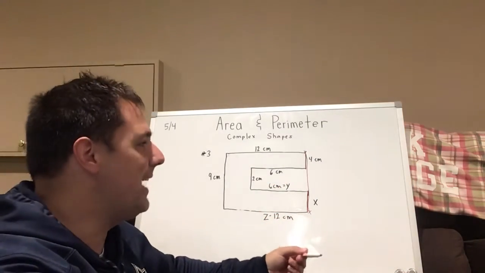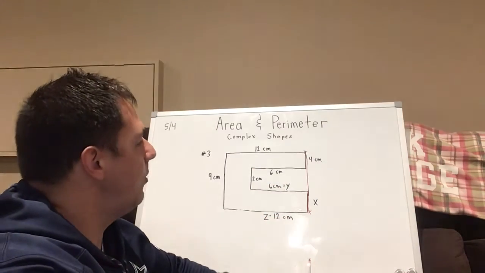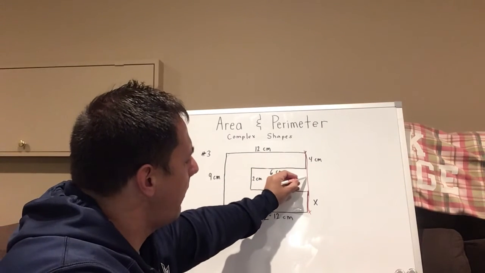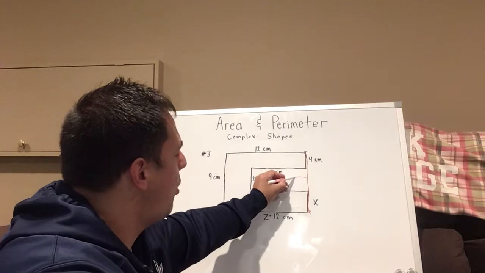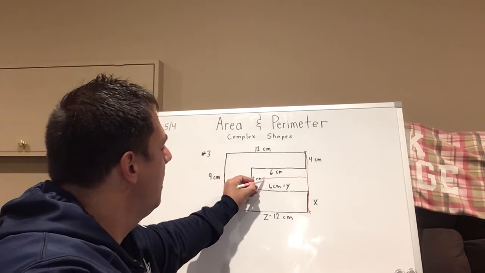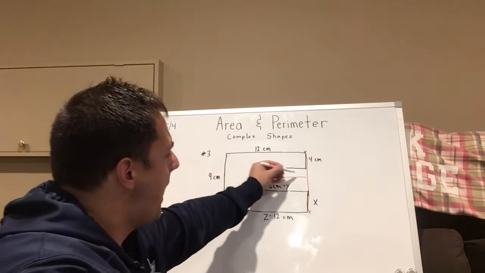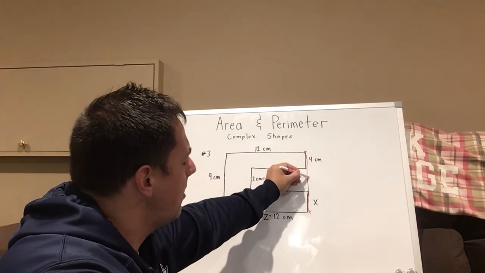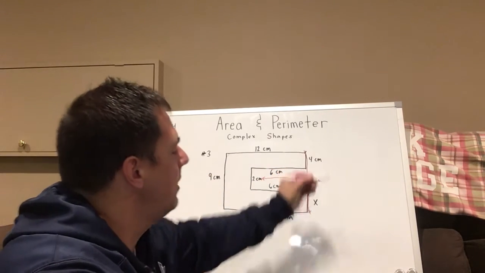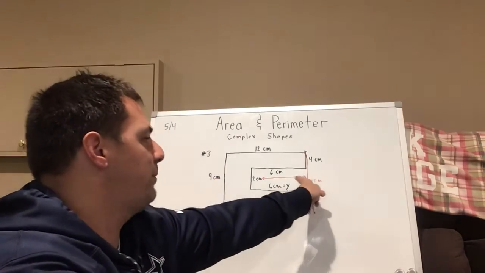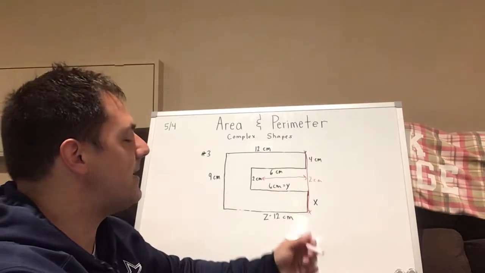We can't just guess. So we're missing this chunk right here. And this is important. If I draw an arrow the whole way over to this chunk, I can see that this part here that's 2 centimeters long actually fits right here. So I know that this part would have to be 2 centimeters also. It's kind of like the missing part. I took my finger and pushed it in, and that's the missing piece.